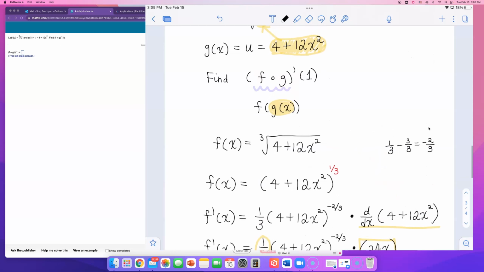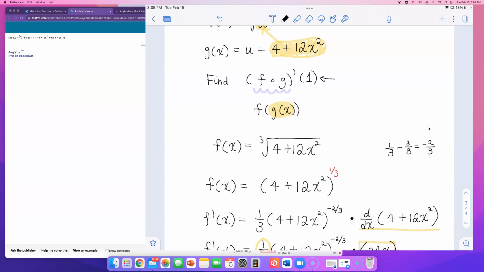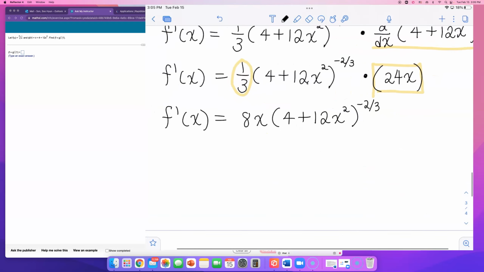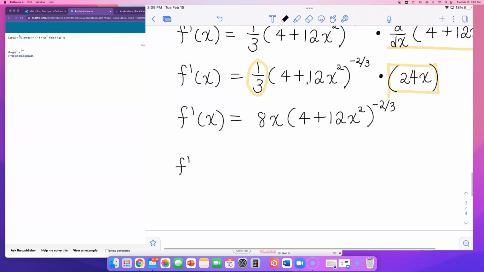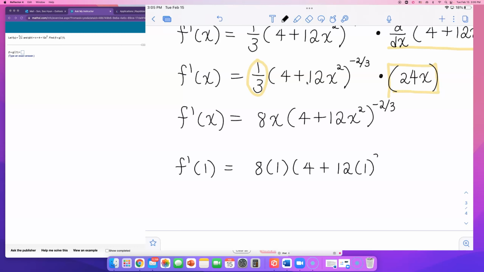They wanted us to find the derivative at x equals 1. So what you gotta do here is just plug in the 1 here, and that will be your final answer. What's f prime of 1? That is 8 times 1 times (4 plus 12 times 1 squared) to the negative 2/3 power.